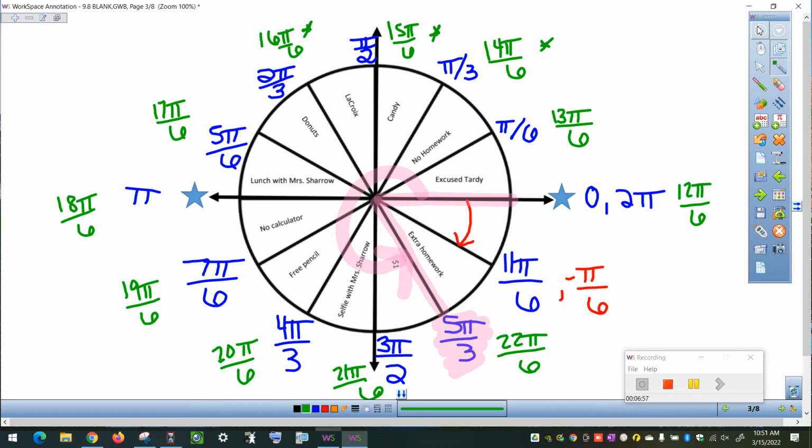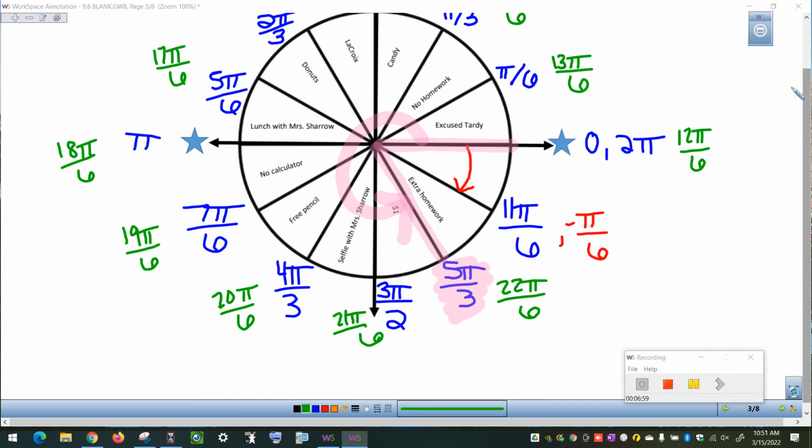And that is happening right here at this 22 pi over 6, because when you divide the top and bottom by 2, sure enough, it turns into 11 pi over 3. And because it's in the same position, it shares a terminal side with 5 pi over 3, then yes, she does win the extra homework if she spins 11 pi over 3.